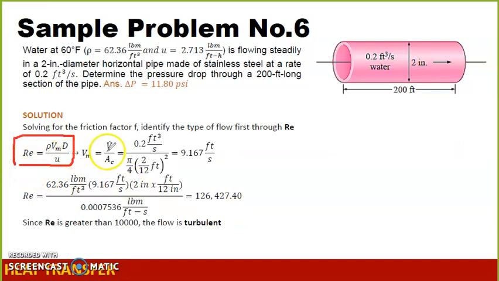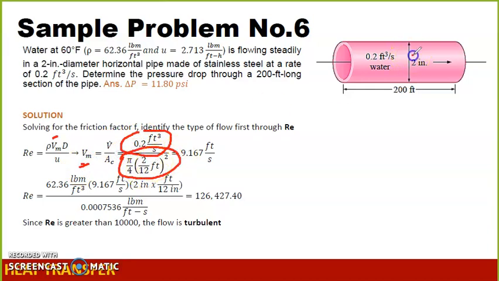For the velocity, again, we can solve that by rearranging the volume flow rate equation. The velocity is now volume flow rate divided by the area of the cross section, pi over 4 d squared.